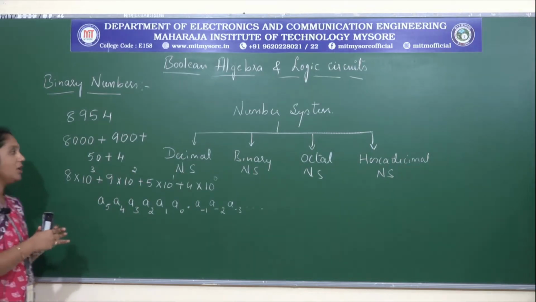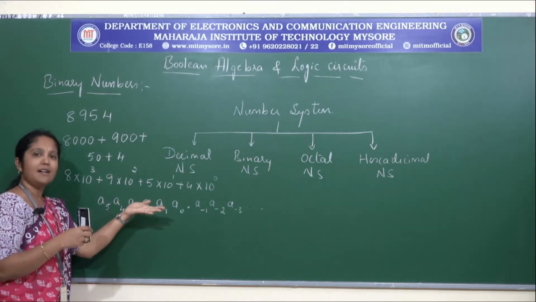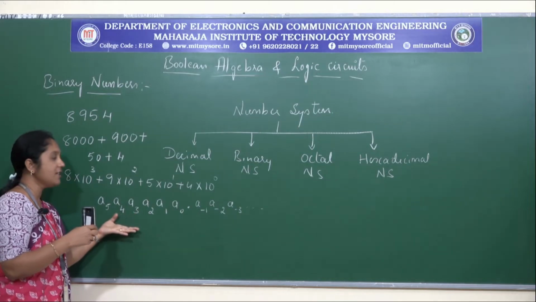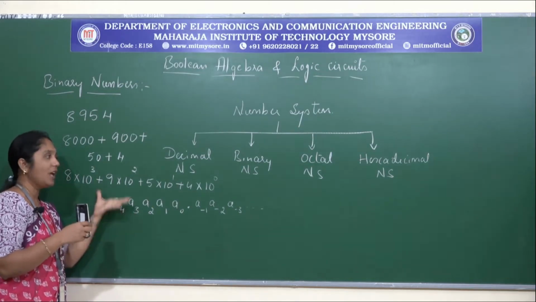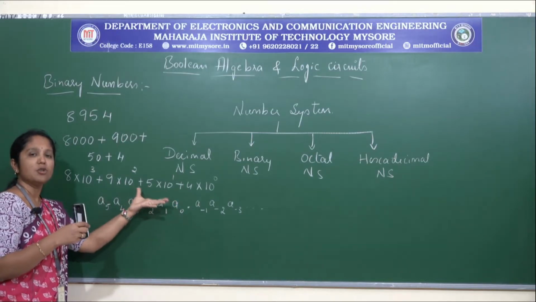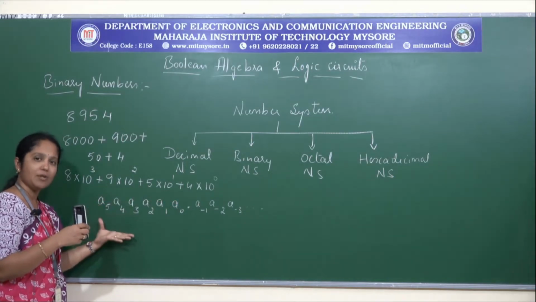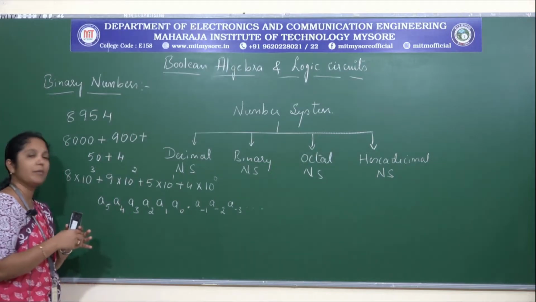Now, coming to binary, as I said, let us generalize and represent a general equation for any number system. How to represent a number in any number system? Later we will consider binary.